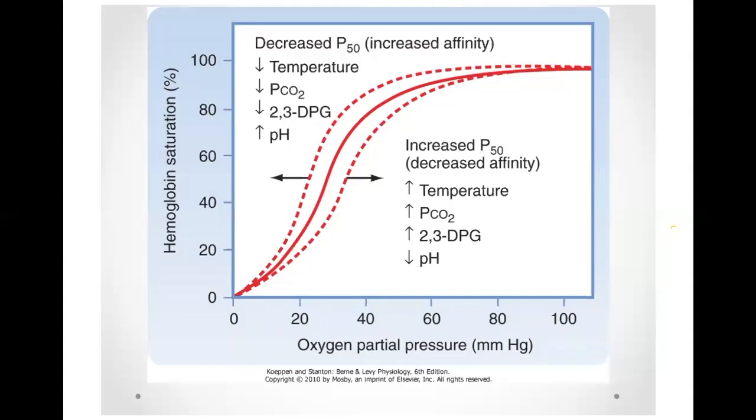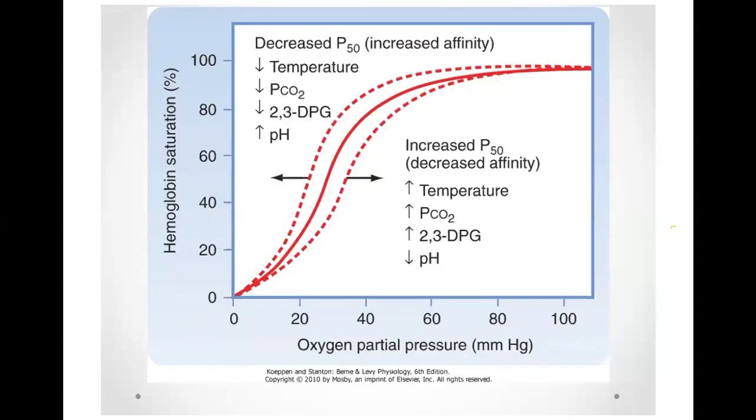Again, conditions wherein oxygen is low, kulang, hindi siya sapat. When there is lacking oxygen, the curve will shift to the right such that more oxygen is made readily available to the peripheral tissues.